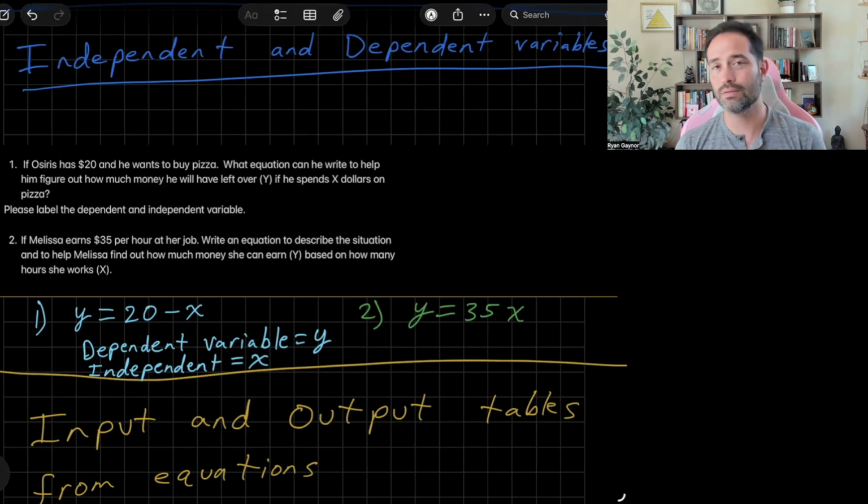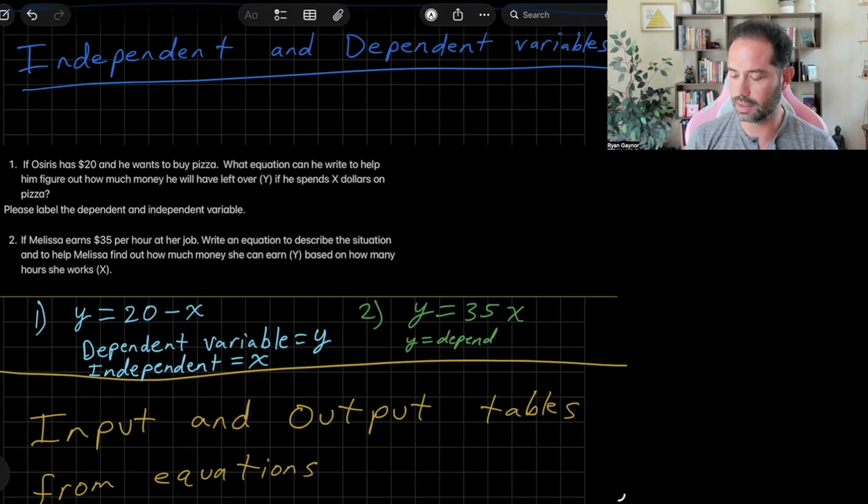Okay, so now, again, what's the dependent and independent variable? The money that she is going to earn will depend on the number of hours she works. So we have y equals dependent and x equals Indy.